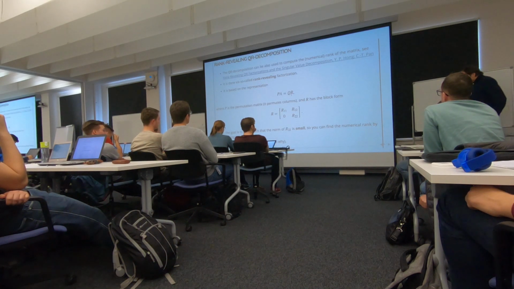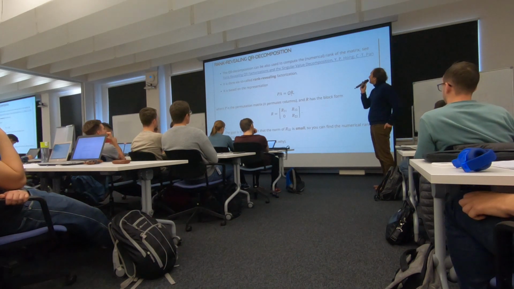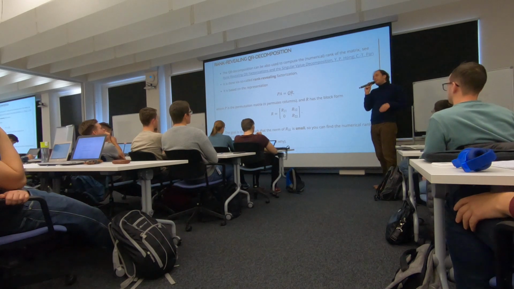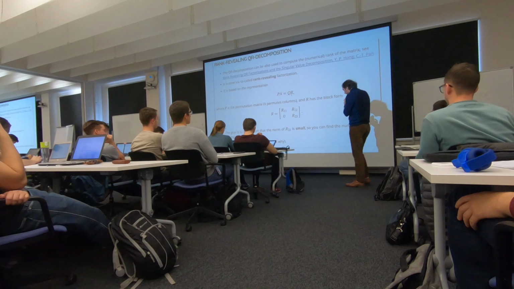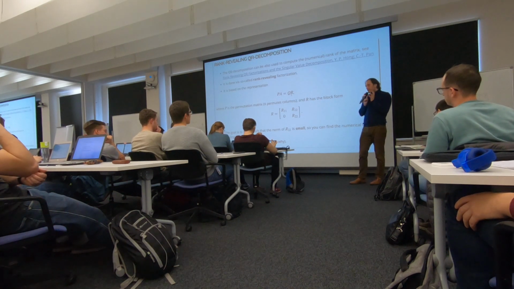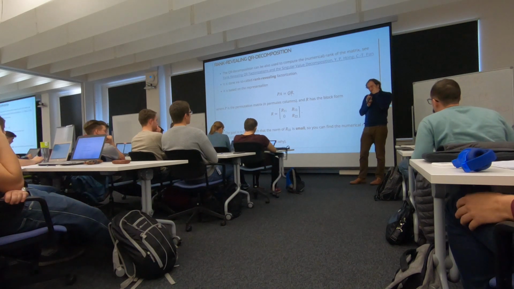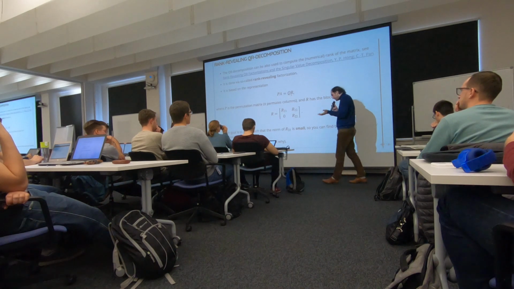So, before going into Schur decomposition, which will be the final part of this lecture, I'd like to mention the case where the initial matrix has low rank. QR exists for any matrix. So what happens if the matrix is rank deficient?